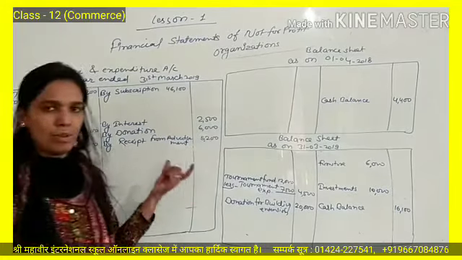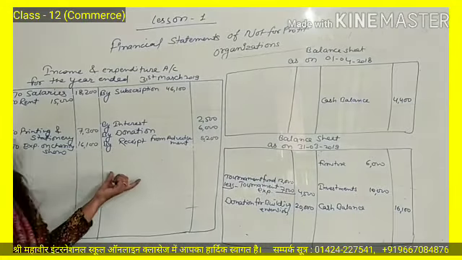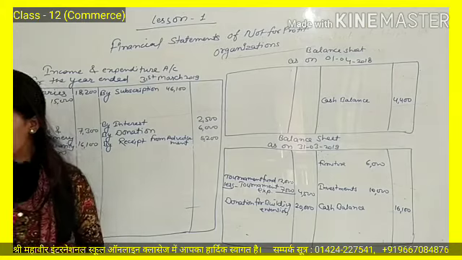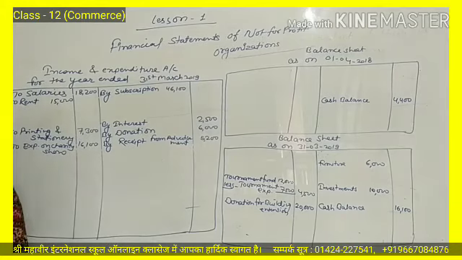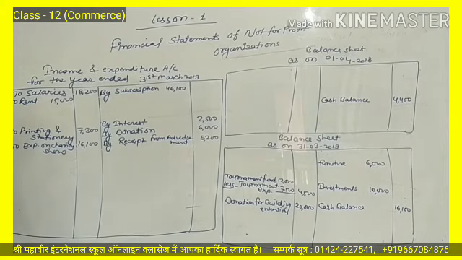So we have posted all the amounts of the receipt and payment account. Now let's move on to the additional information. Subscription outstanding on 31st March 2018 was 4,500, meaning this is last year's outstanding.